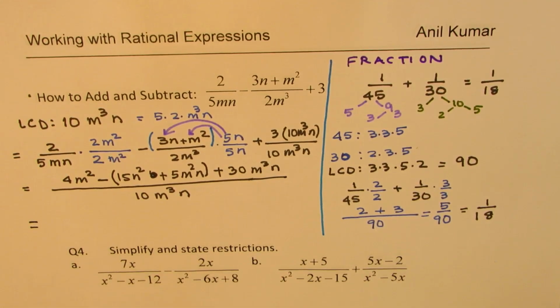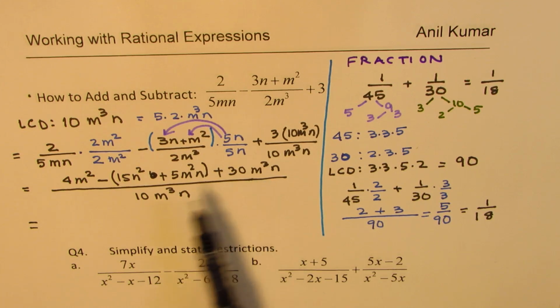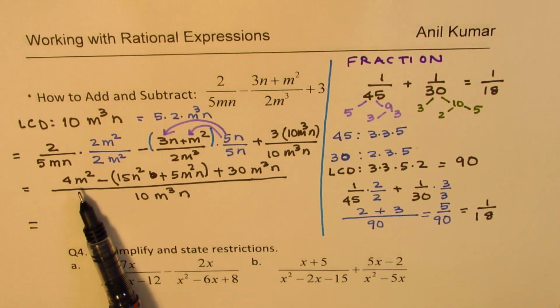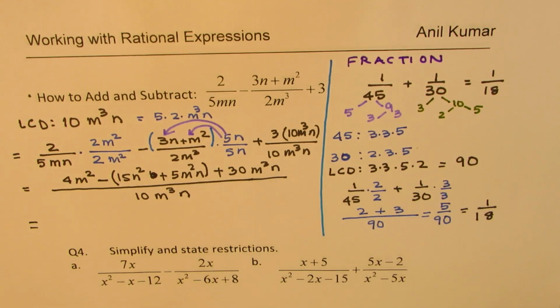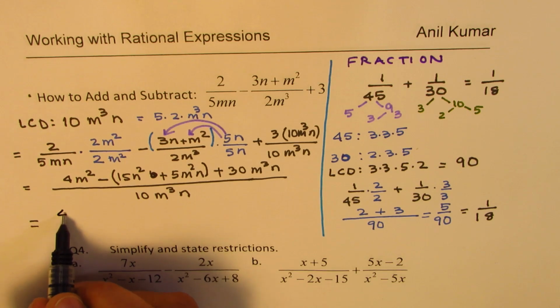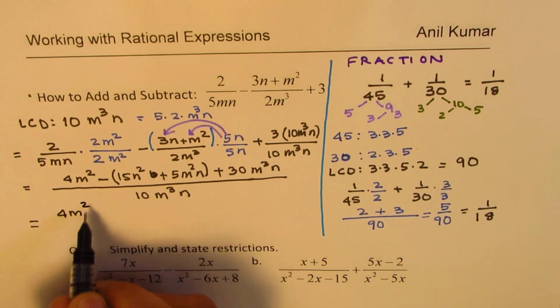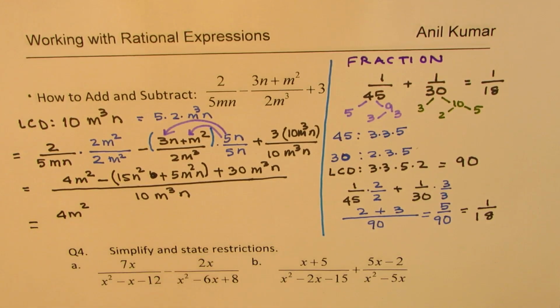Perfect. At this stage, we have to look for common terms if we have any to combine. Now, if you see this, literally, there are no common terms, right? So there are no common terms in this. So we'll just open the bracket and rewrite. At times, you will have common terms, okay? So this is just an example to illustrate the process.